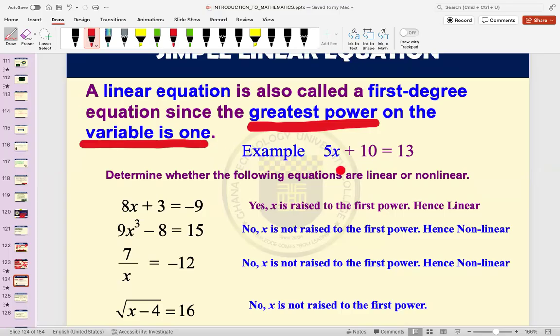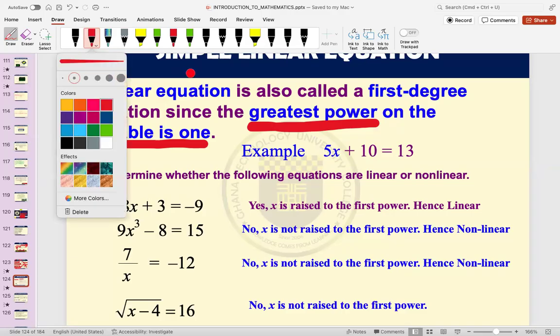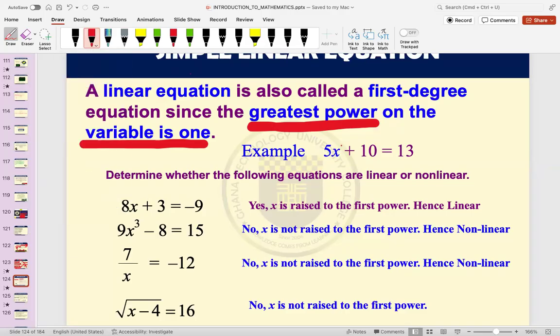Like you are seeing here, 5x plus 10 equals 13. When you are asked, what is the power of x? It is 1, even though we don't write it, but it is 1. So any number raised to the power 1 will give you the same number.